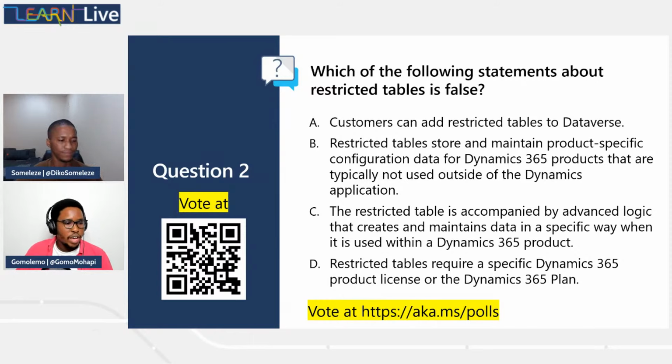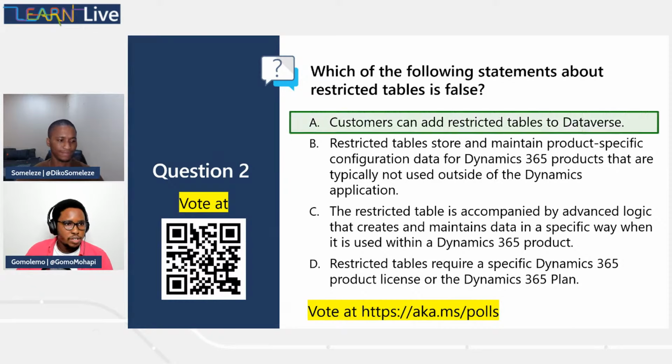Yeah, go ahead and put your votes into the polls. Let's see what everyone is thinking. The answer for this particular question is A, customers can add restricted tables to Dataverse. This is definitely not true in two ways. If you're talking about external customers, they cannot do this.